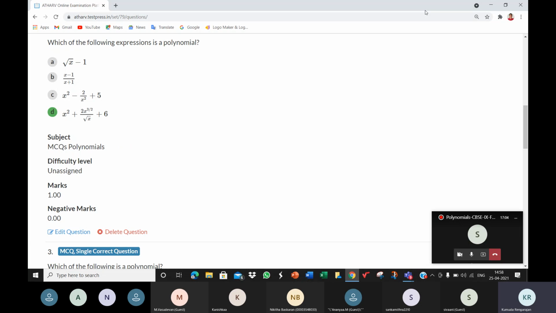The second term on simplifying will look like 2x to the power 3 by 2 minus 1 by 2, because in the denominator we have root x, and root x is x to the power 1 by 2. So now we have the same base x, and in division we subtract the powers. X to the power 3 by 2 minus 1 by 2 is x to the power 2 by 2, which is 1. So the expression can be simplified to x squared plus 2x plus 6.